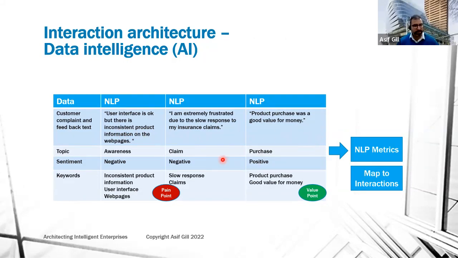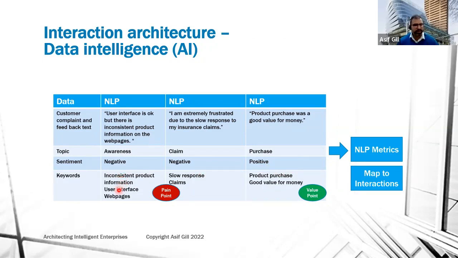NLP tools, approaches or methods can help us classify them around different topics, like this was about awareness, this complaint was about claim, this was about purchase. And then the sentiments are further there. They're not only classifying, but also whether they're a happy customer. So these interactions are not happy, the negative sentiments, but this was a positive sentiment.